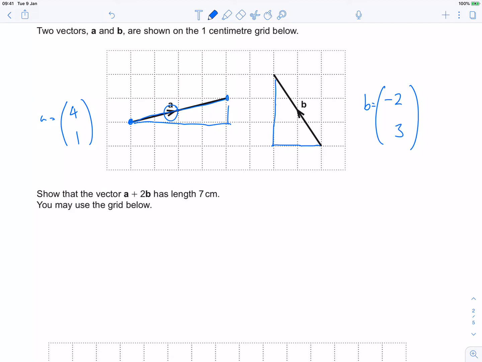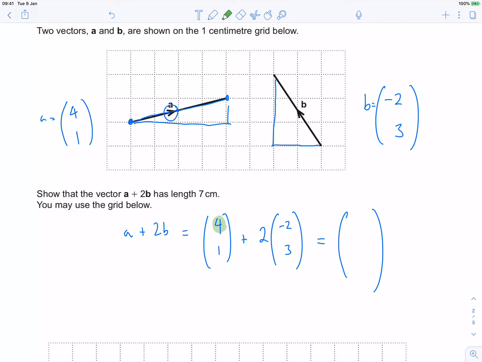Let's think carefully what A plus 2B is. Well, that's A, which is 4, 1, plus 2 lots of minus 2, 3. So let's do it row by row. I've got 4 plus 2 lots of minus 2, which is 4 minus 4, which is a flat 0. Now if I look at the bottom row, I've got 1 plus 2 lots of 3, which is 1 plus 6, which is 7.